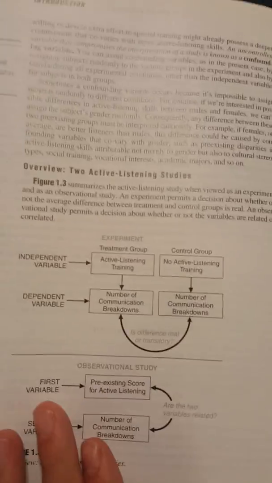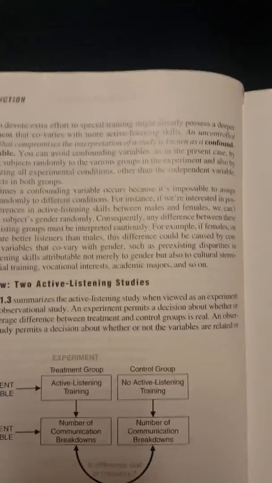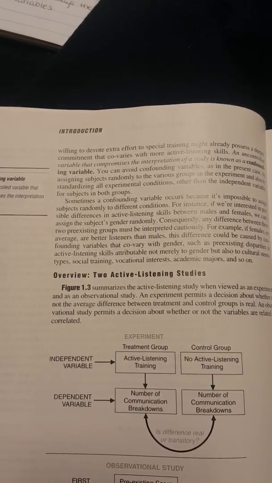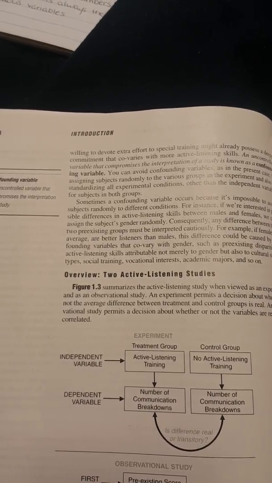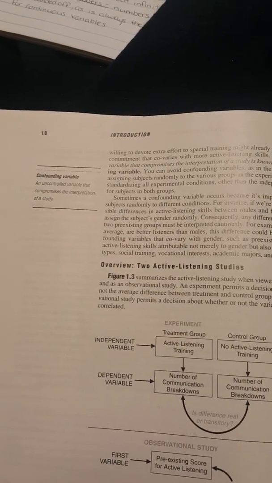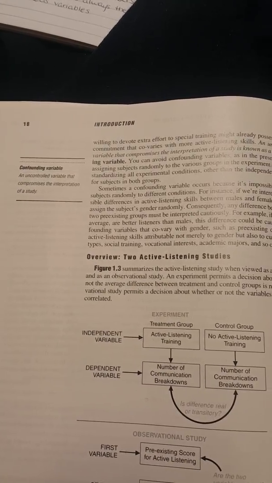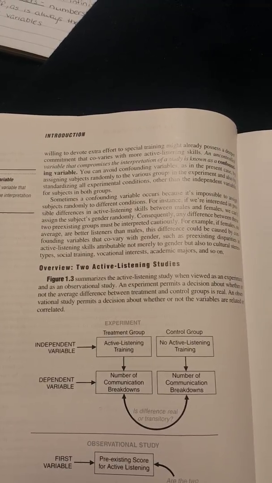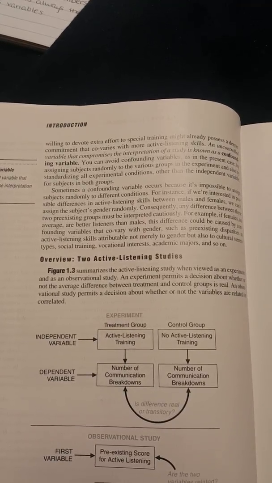For instance, couples willing to devote extra effort to special training might already possess a deeper commitment that covaries with more active listening skills. An uncontrolled variable that compromises the interpretation of a study is known as a confounding variable.